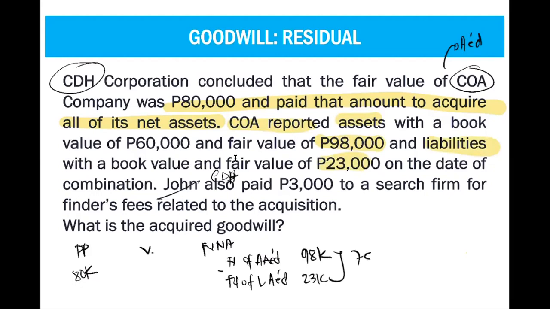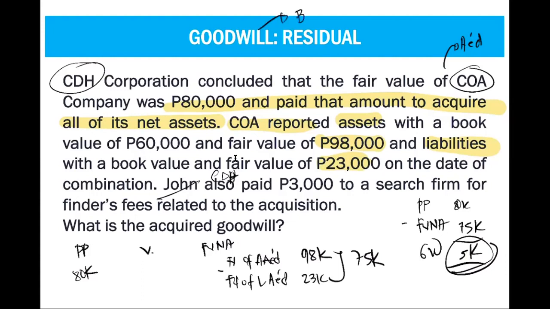This will give us 75,000. So purchase price of 80,000 less the fair value of net assets of 75,000. What is the amount of goodwill? 5,000 pesos. Okay? Take note, goodwill is only present during business combination.